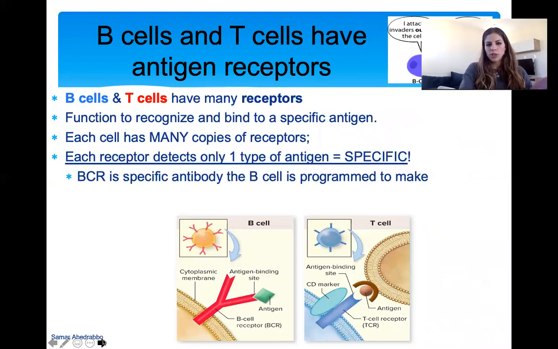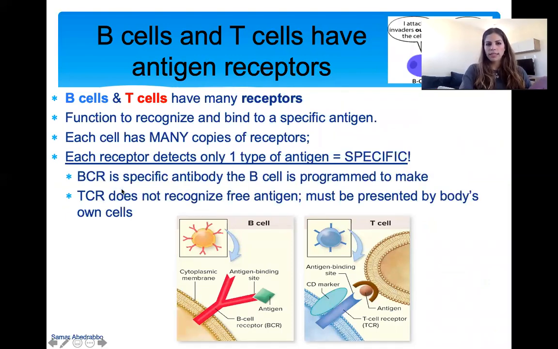And just a few more terms before we get into humoral and cellular immunity. When we look at B cells and T cells, they have many receptors. If you look at the cell surface, they have many different protein receptors, and their function is to bind to different antigens. Receptors are very specific to the antigens they bind.